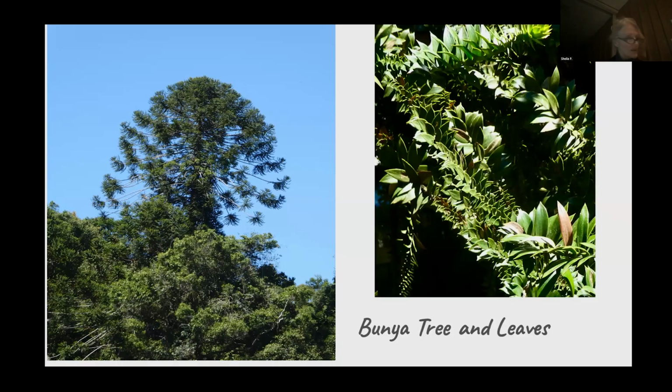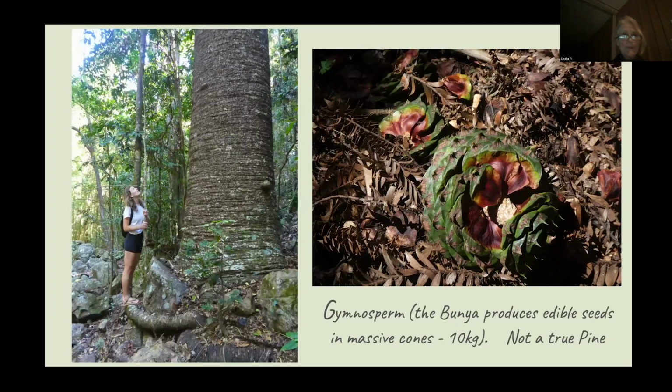So it's an absolutely massive tree. As I said, it can grow to about 45 meters tall. It can be 4 meters in diameter. It can live to 800 years. And it is one of the earliest gymnosperms or conifers to have evolved on Earth.